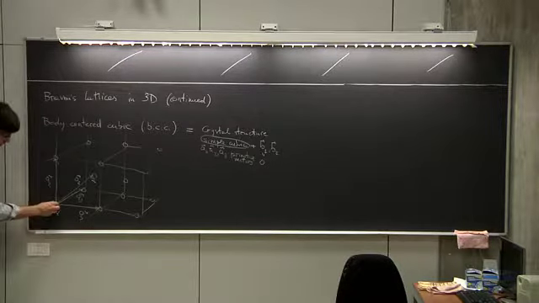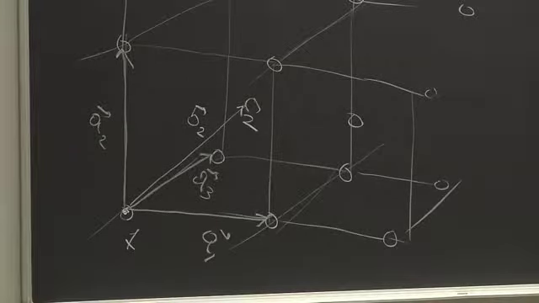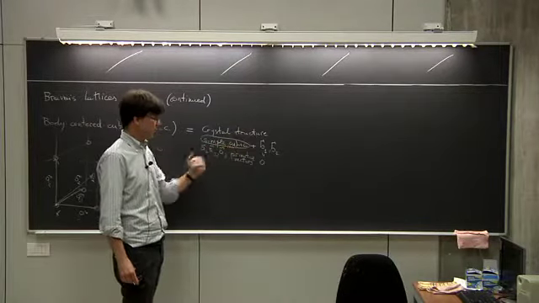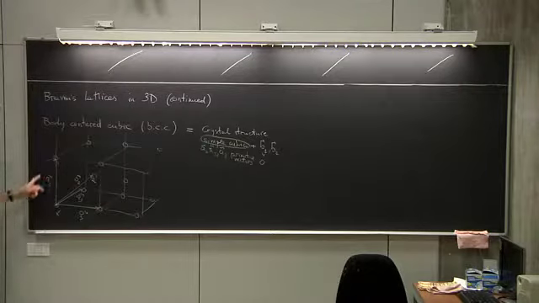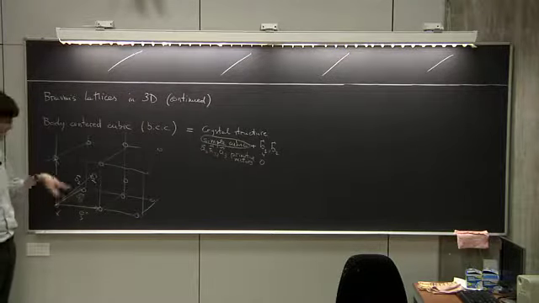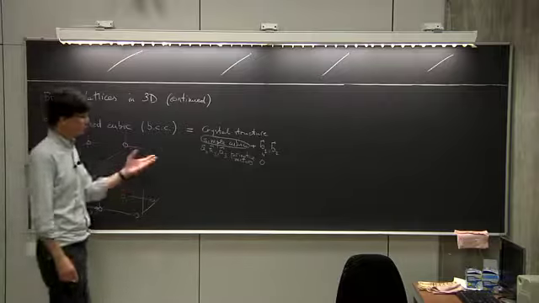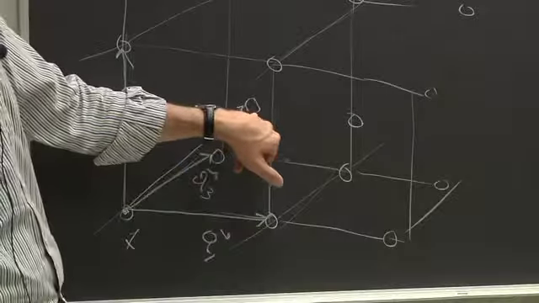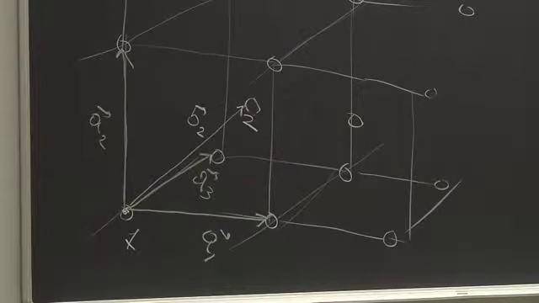B1 is just 0, because this is at the origin. So a body-centered cubic lattice is a crystal structure composed of a simple cubic Bravais lattice, the one generated by the green vectors, plus 2 elements in the basis, one being the origin and the other being the point at B2.